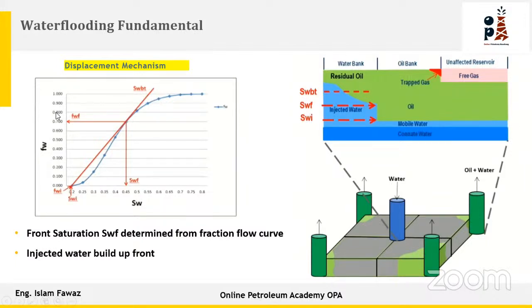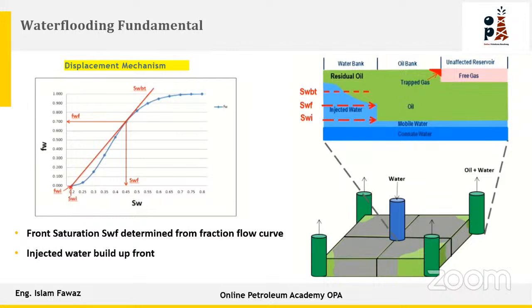In this graph, we have the saturation on the x-axis and the fractional flow. From this fractional flow, we can define from the tangent here the water saturation at the flood front or at the shock wave, as you can see in the top right picture. This is the average water saturation at the water front or the shock wave. Behind that, this is the average saturation behind the front.